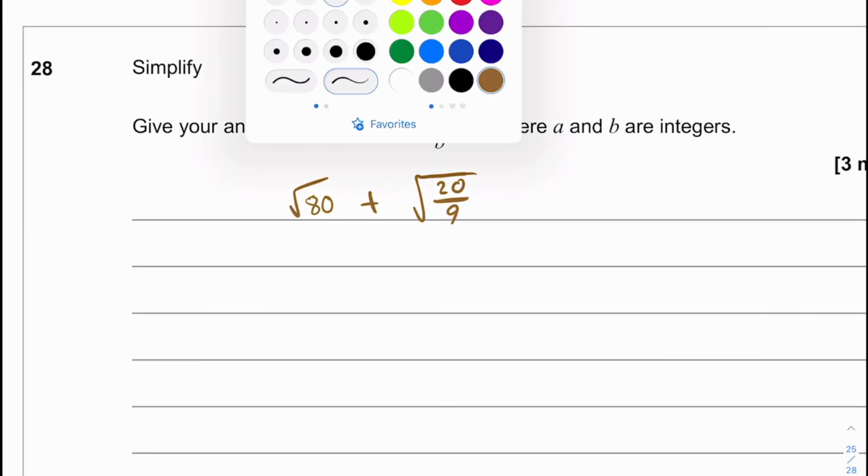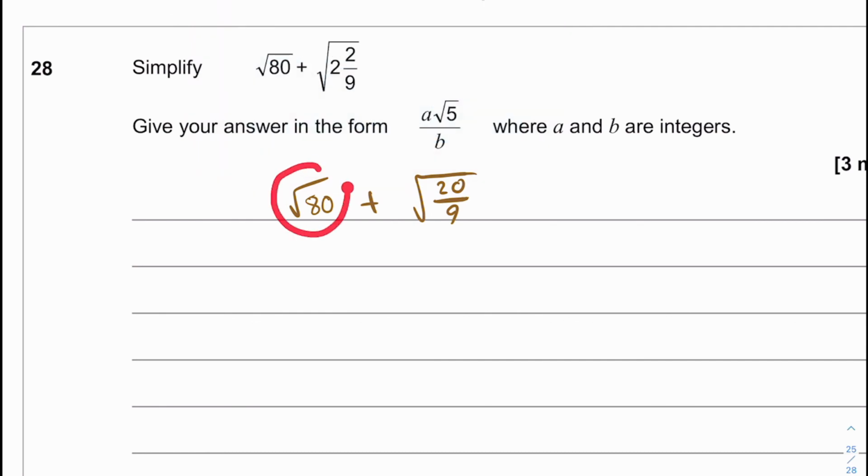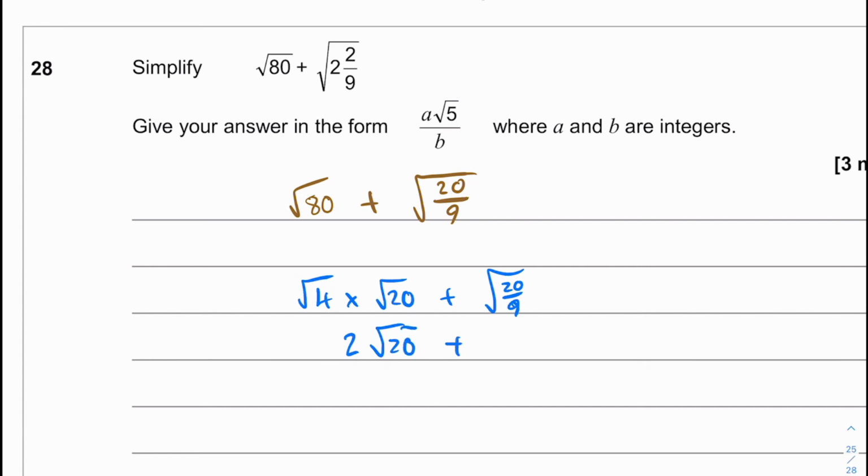So what we can then do is simplify this further, so we can change it into root 4 multiplied by root 20 plus root 20 over 9. Okay, so this is equal to 2 root 20 plus root 20 over 9.